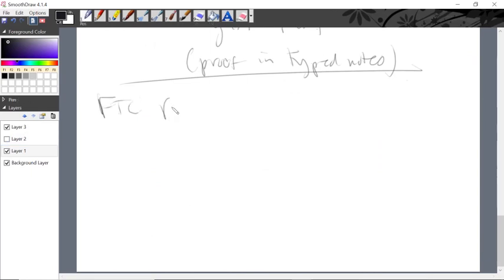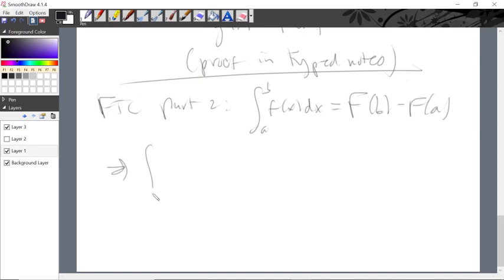Okay, so FTC part 2: the integral from a to b of f of x dx is big F of b minus big F of a. Now also note, if we take the integral from b to a, where I switch the bounds, of f of x dx, that's going to give us big F of a minus big F of b.